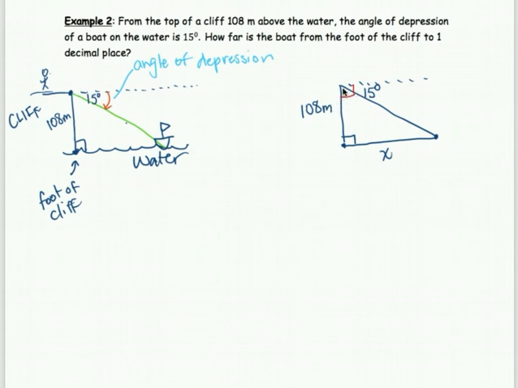If you know that this angle makes a 90-degree angle, what would the angle in here be? We're just trying to find this angle in here. The whole angle in that corner is 90 degrees, so we subtract the 15 and we get 75.